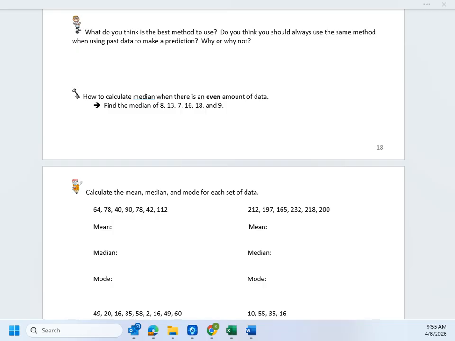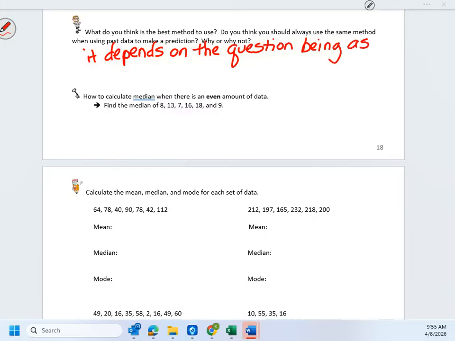Our actual answer is that it depends on the question being asked. We have 3 different methods for a reason. They give us different results, right? They're looking at the information in a different way. So one is not better than the other.